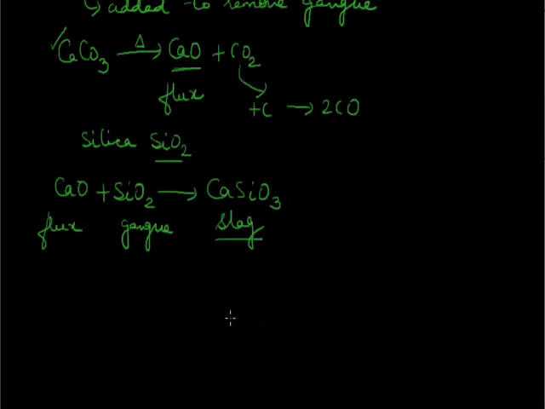Another reducing agent which can be employed is carbon monoxide. So instead of coke, carbon monoxide can also be used. For example, Mn2O3 plus CO, it gives manganese metal along with CO2.